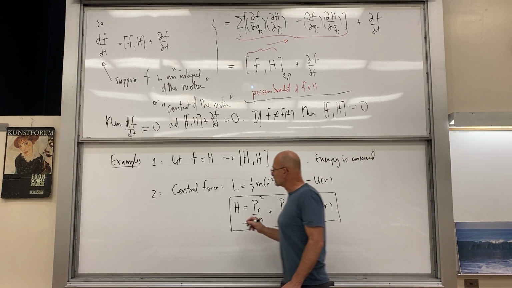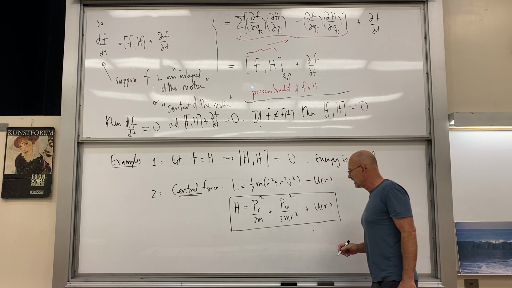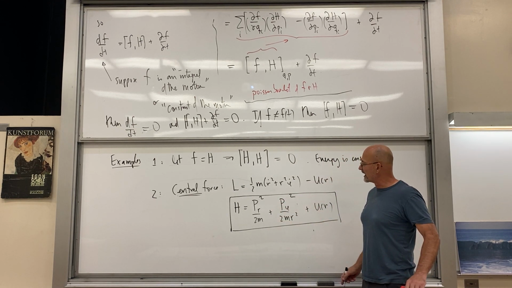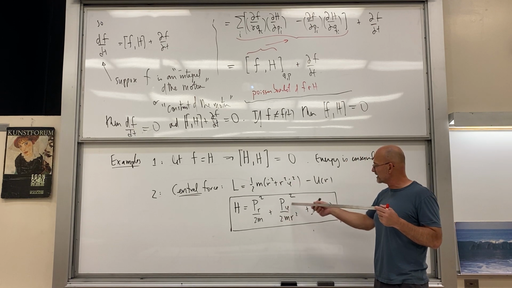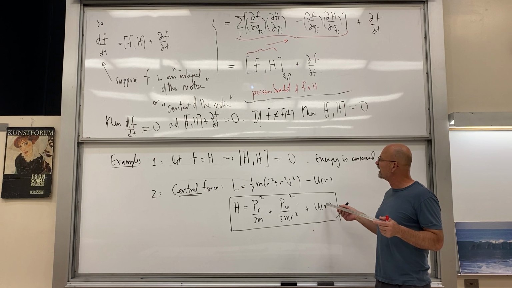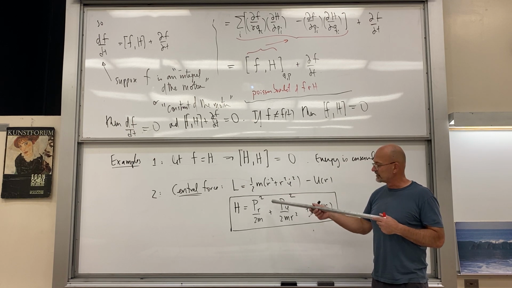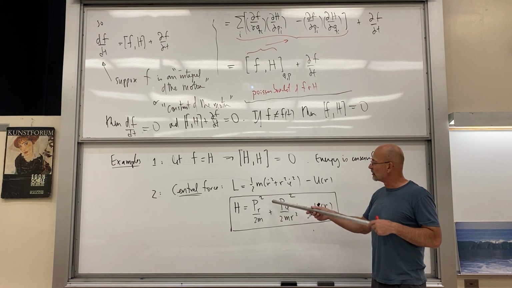So our central force Hamiltonian, and now what are the conserved quantities for this central force Hamiltonian? We already know that the Hamiltonian is conserved, the energy is conserved in the central force problem. Basically when you don't have explicit function of time, you know it's conserved. But what else is conserved?